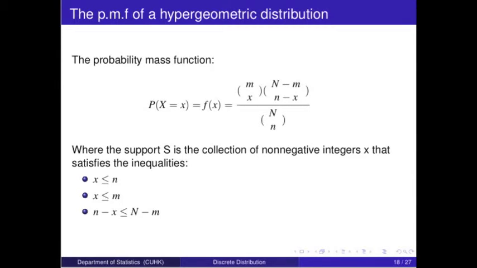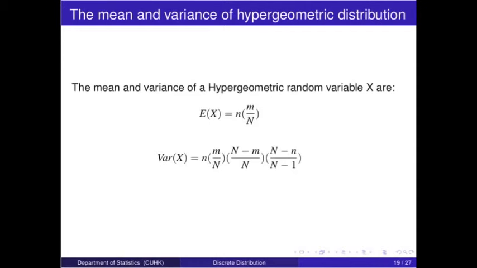The probability mass function of hypergeometric distribution is in this form, and x is a non-negative integer. The mean and variance of hypergeometric random variable x are in this form.